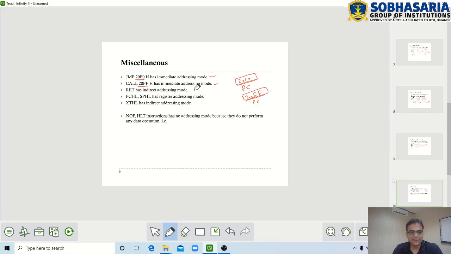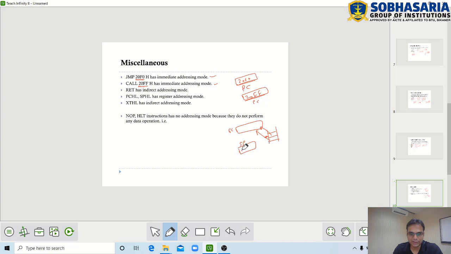Another one is the RET instruction. So what does the RET instruction perform? The RET instruction is going to retrieve the top 2 contents of the stack, right? So the stack pointer will have the address of this data which is going to be retrieved and loaded into the program counter.